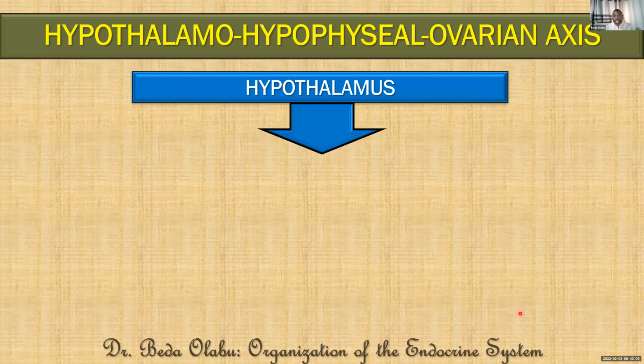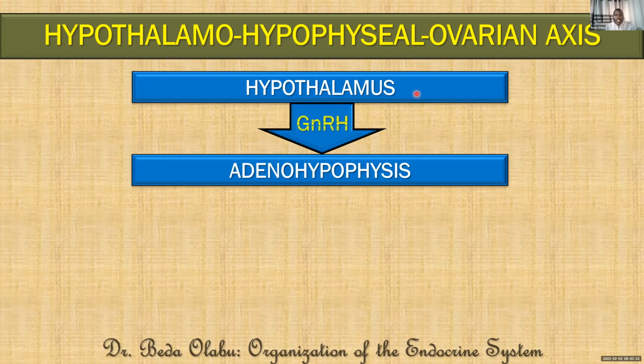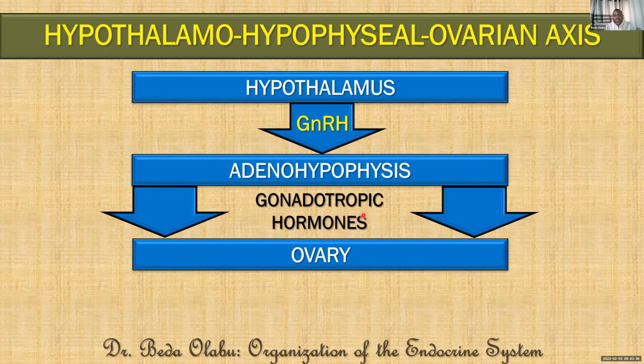Now let's look at the hypothalamo-hypophyseal ovarian hormonal axis, the control of ovarian hormone secretion. From the hypothalamus, we have gonadotropin releasing hormone acting on the adenohypophysis, the anterior pituitary. The physiological effect there is to promote the secretion of gonadotropic hormones, just like we saw for the testicular axis.